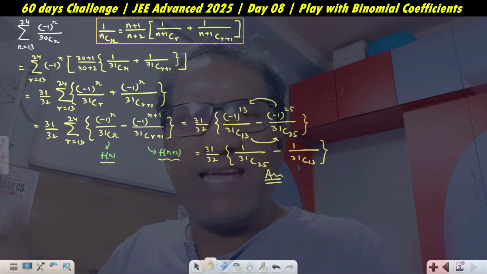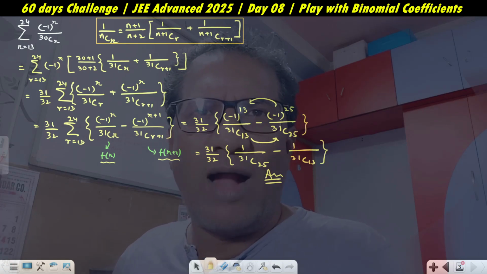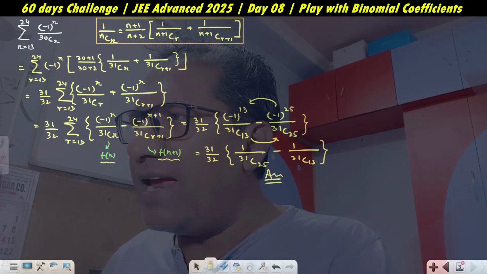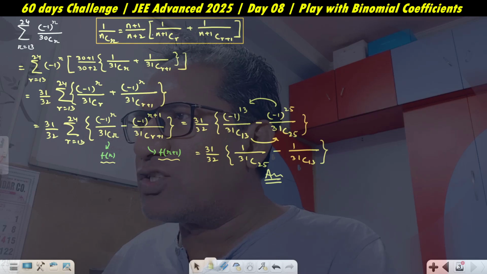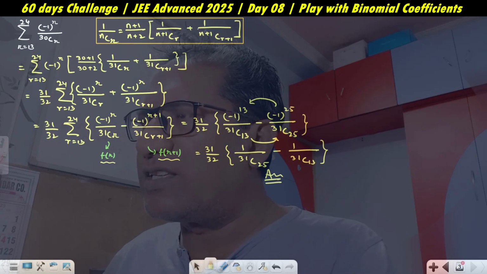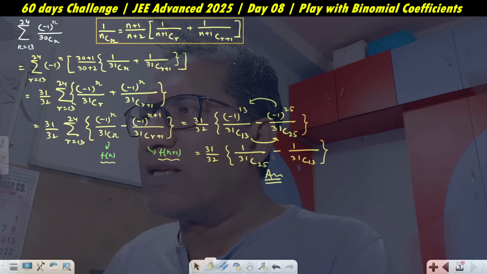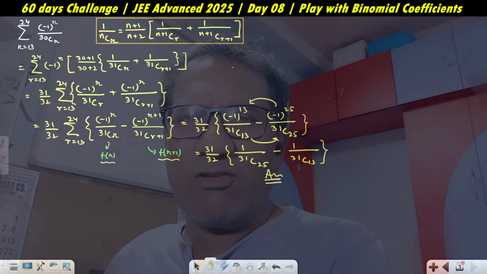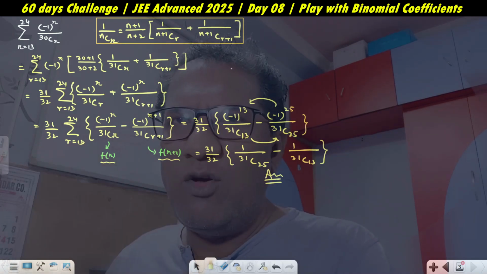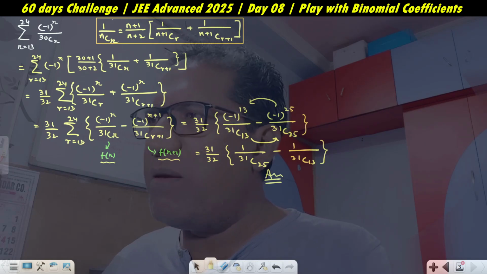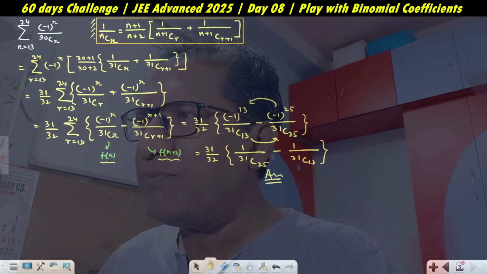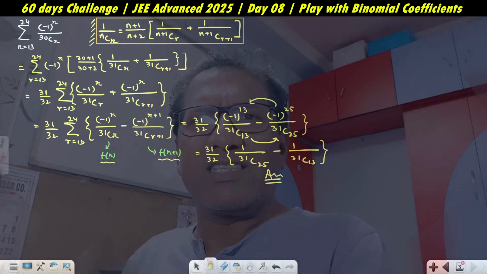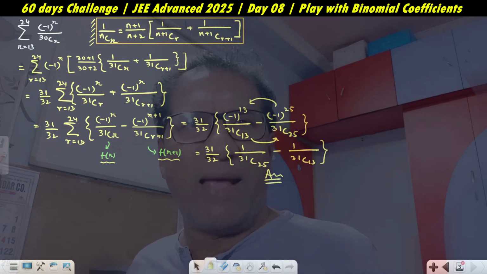And in this case, I have used this identity, 1 by nCR is (n plus 1) by (n plus 2) into [1 by (n plus 1)CR plus 1 by (n plus 1)C(R plus 1)]. So whenever you find that your binomial coefficient is in the denominator, we must use this identity. Okay? The rest is all about your telescopic method.